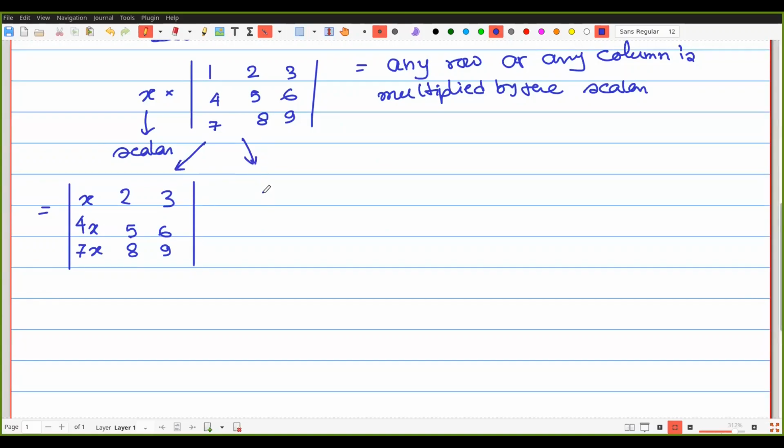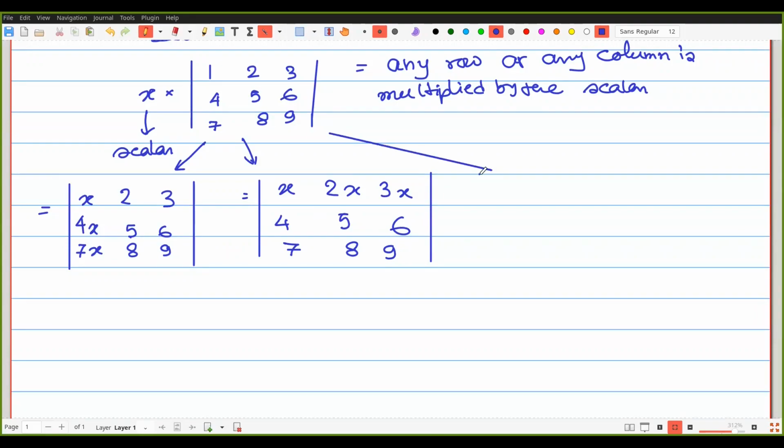Or it may be like this. Suppose the first row is multiplied: x, 2x, 3x, then 4, 5, 6, 7, 8, 9. So the second row and third row remain unaltered. Or it may be any other row or column.